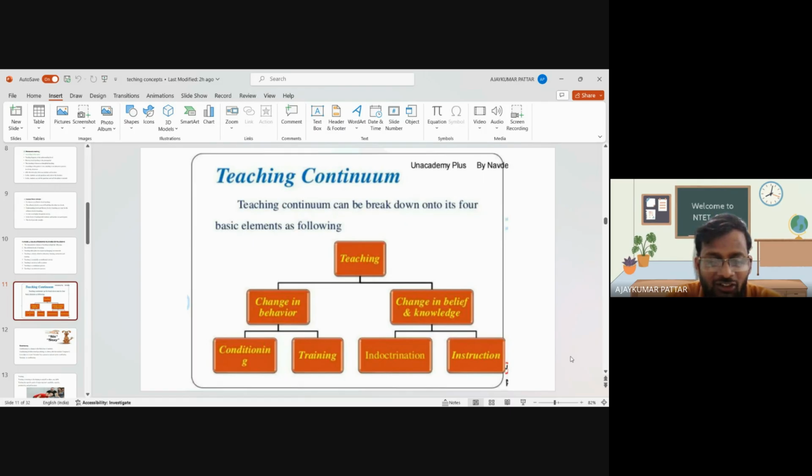That's why the terminologies conditioning, training, indoctrination, instruction exist. If the change of behavior happens after teaching, it comes under conditioning and training. First we will see conditioning. What is conditioning?